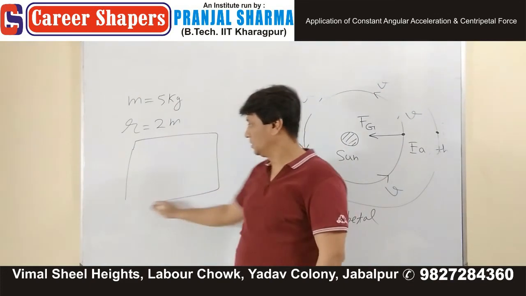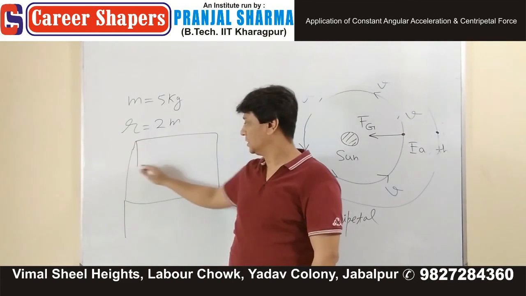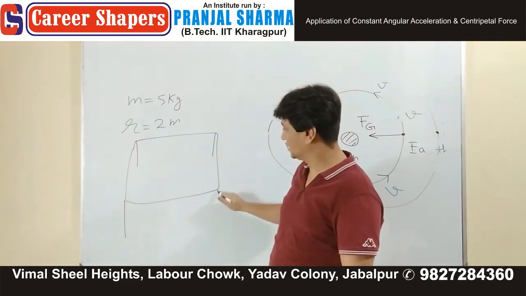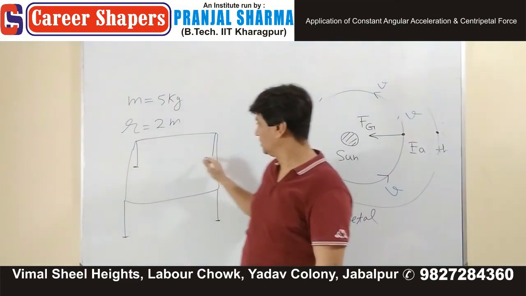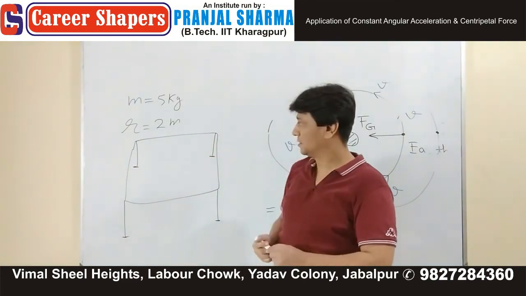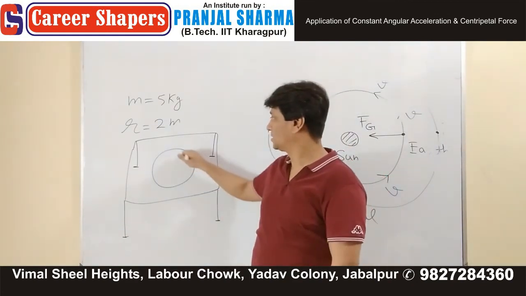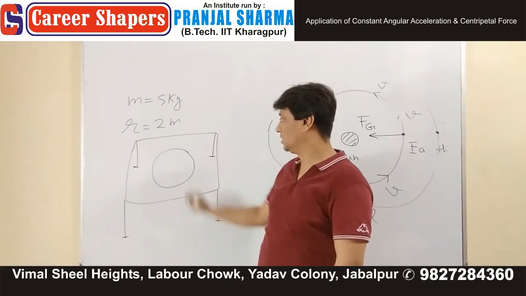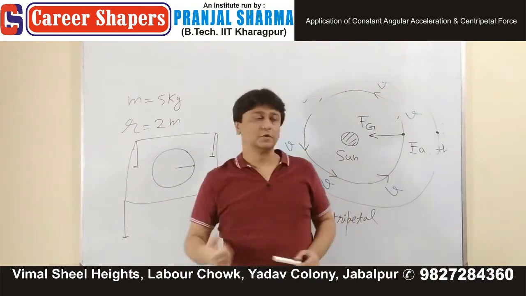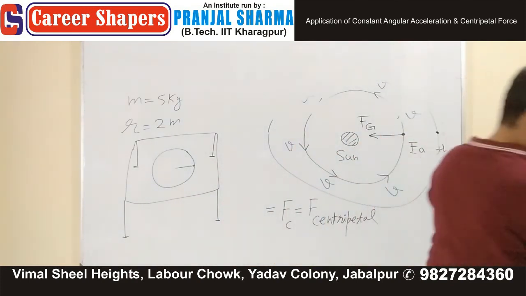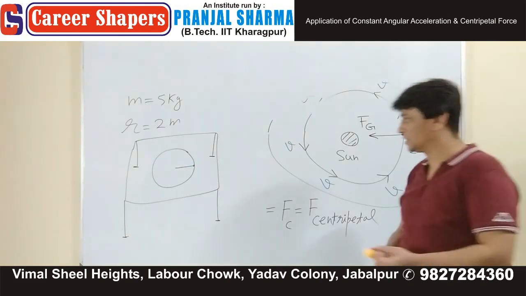It's a big table. It's a frictionless table, the horizontal one, and you have an object of mass 5 kg which you have connected with a rope, and in this rope, the question says you need to find the tension force.